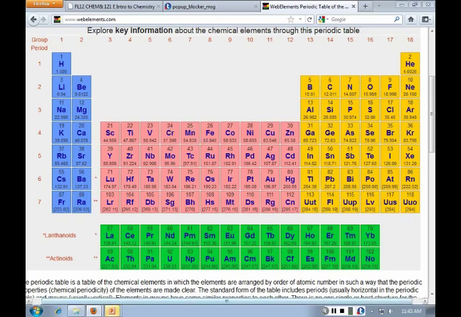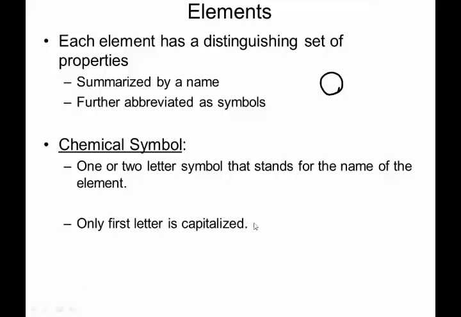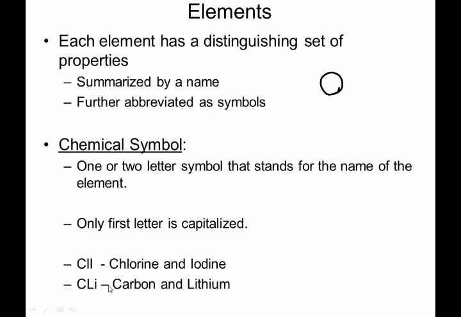So that's how we can tell the difference between, for example, chlorine and iodine, capital C, lowercase l, capital I, and carbon and lithium. Not that these compounds ever actually form, but capital C, then capital L lowercase i, so carbon, lithium.